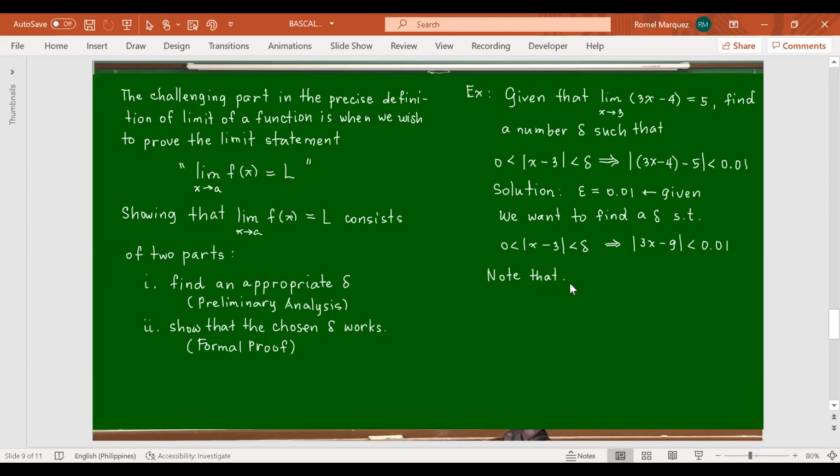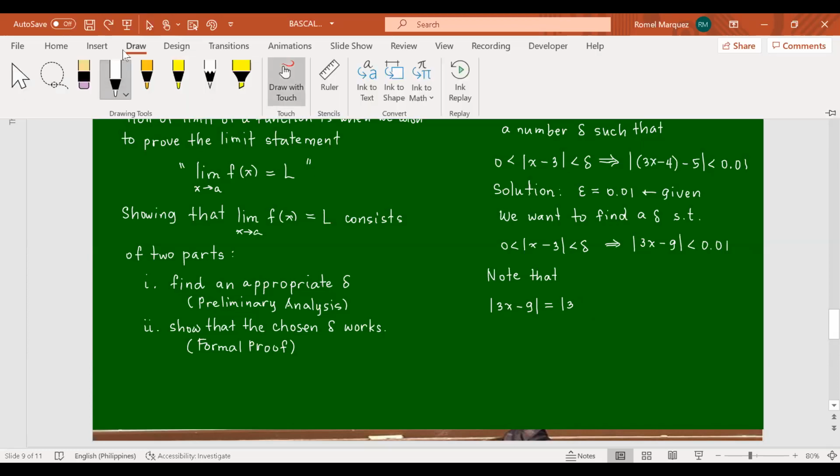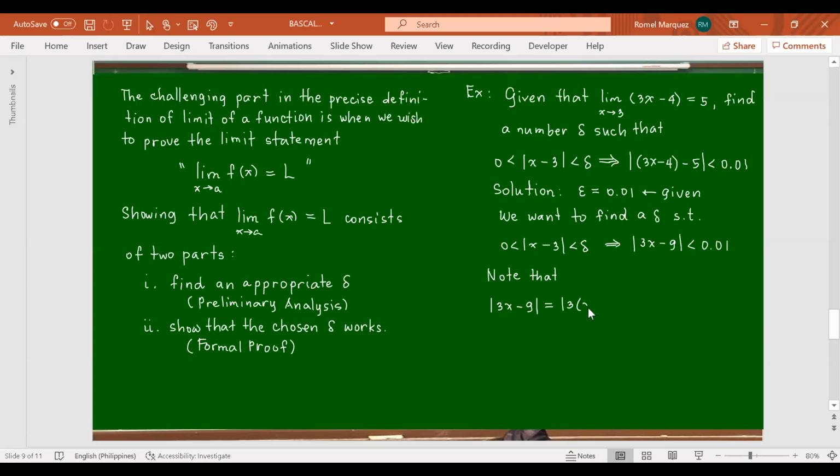Note that the absolute value of 3x minus 9, which originally is this, I can write this as what? I can factor out 3 and then I get 3 times x minus 3.